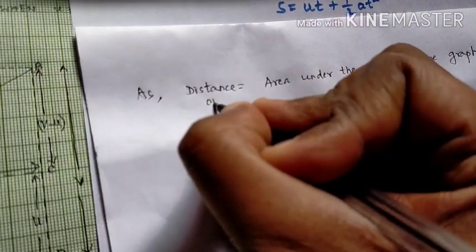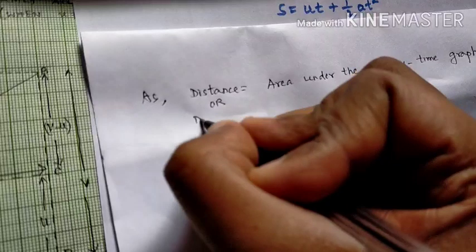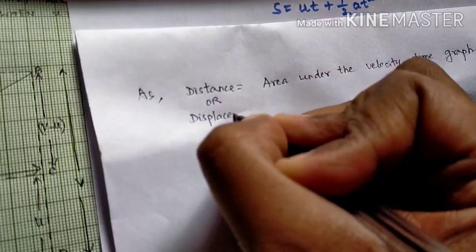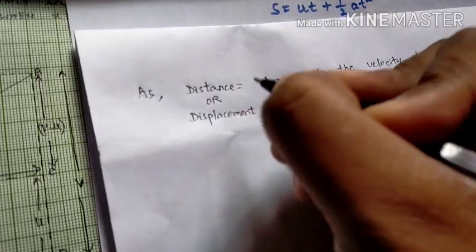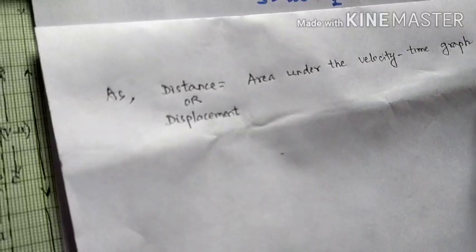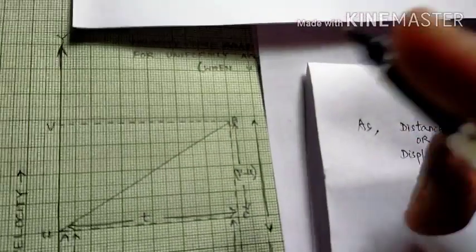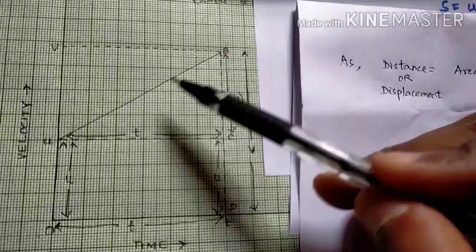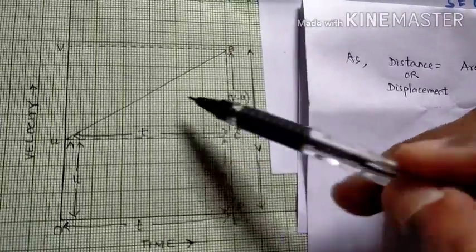Now in place of distance you can also write down displacement. So it could be the total distance traveled or the displacement of the object, that is given by area under the velocity time graph.